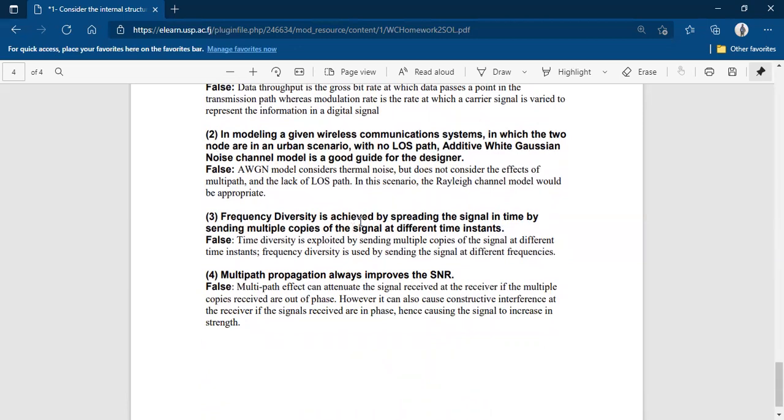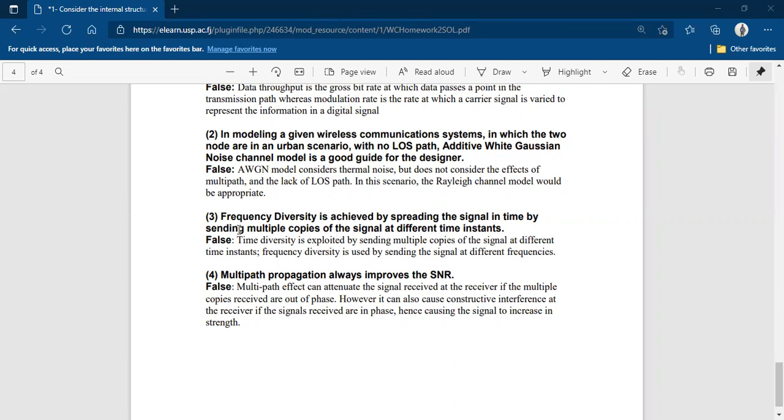Frequency diversity is achieved by spreading the signal in time by sending multiple copies of the signal at different time instances. No. This is diversity, what do you say? Frequency multiplexing, right? So when we mean frequency diversity, we are basically spreading the signal over different frequencies. Okay. When we are dealing with time, we are basically spreading the signal over different times, right?